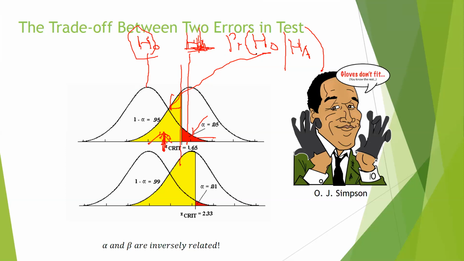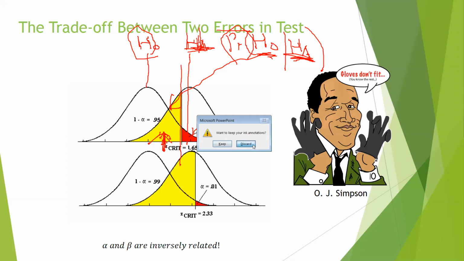You're going to accept H null, but in reality, the H alternative is true. So this is another error, the type 2 error. So the probability for type 2 error is this. Is that correct? Any questions? Very good.